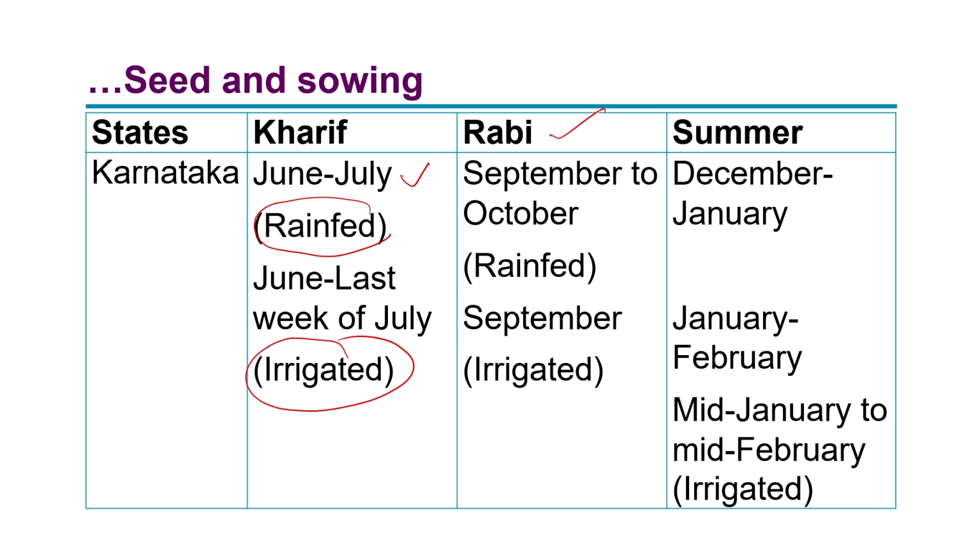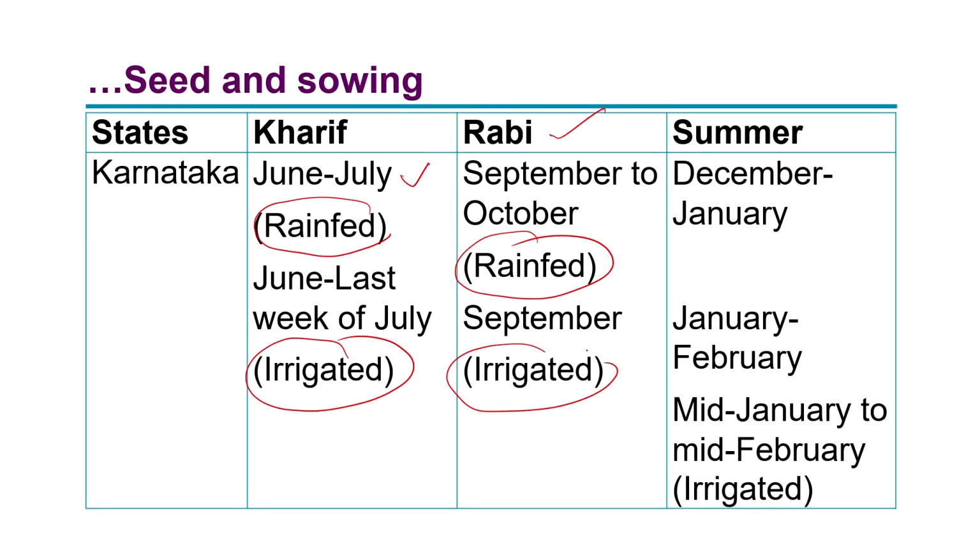Coming to Rabi crop in Karnataka, September to October is the ideal time for rain-fed crop, based upon rainfall. If it is irrigated crop, then it can be sown in September also for Rabi season in Karnataka. Now, coming to summer crop, it is December to January is the sowing time in Karnataka, and one can also go for sowing in January, February or mid-January to mid-February under irrigated conditions.